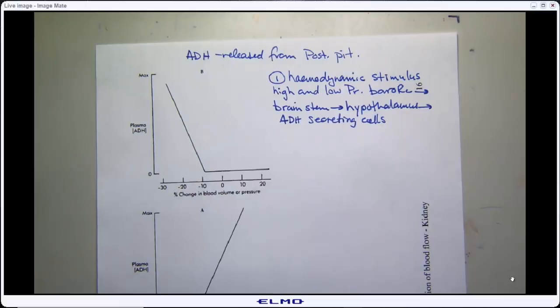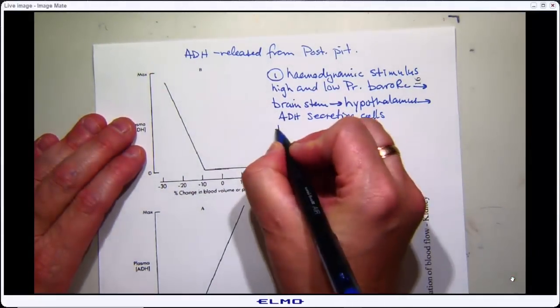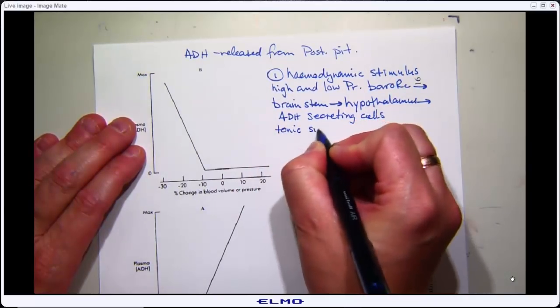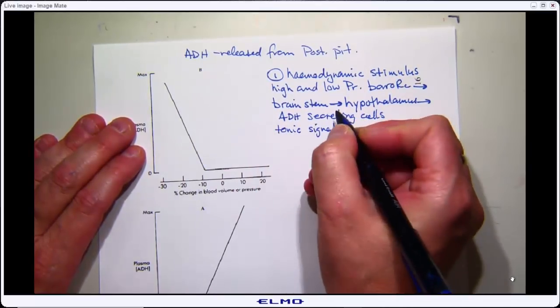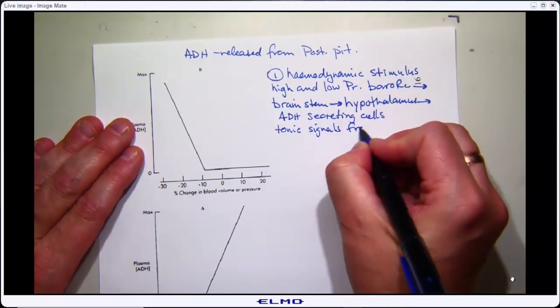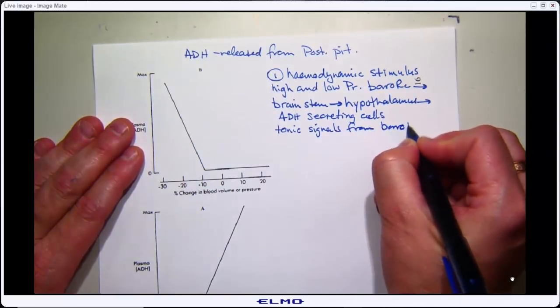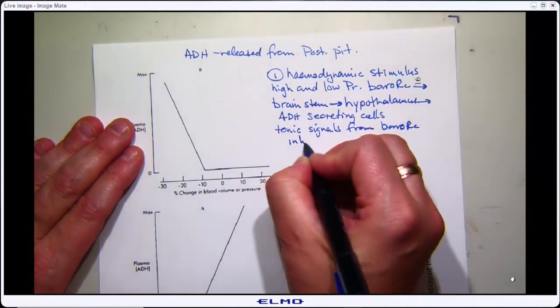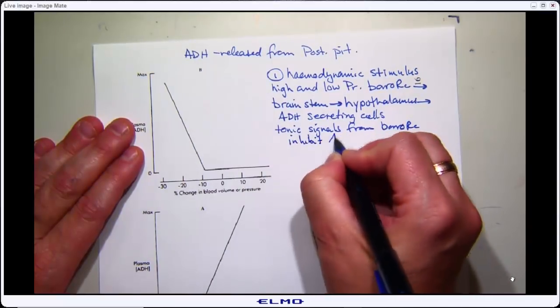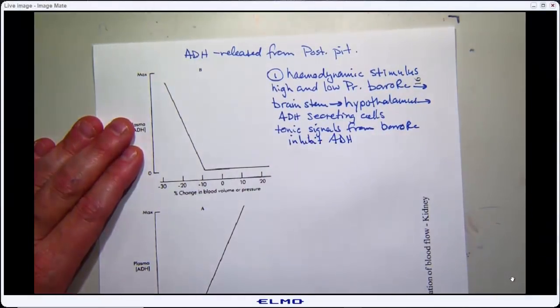So tonic signals from the baroreceptors are going to inhibit ADH.